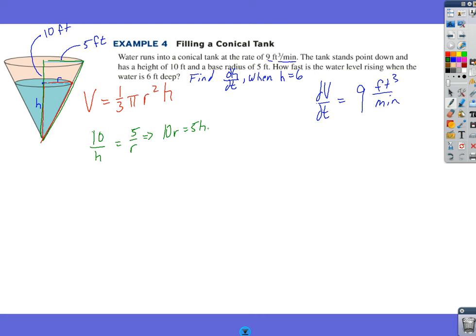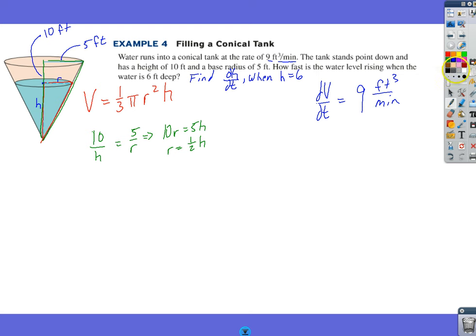All right, then this is where you've got to be a little strategic. I want to find dh/dt, so I want to keep my h's. So I want to solve this equation for r. When I solve it for r, I get r is equal to 1/2 h. And now I can come up with an entirely new volume equation.